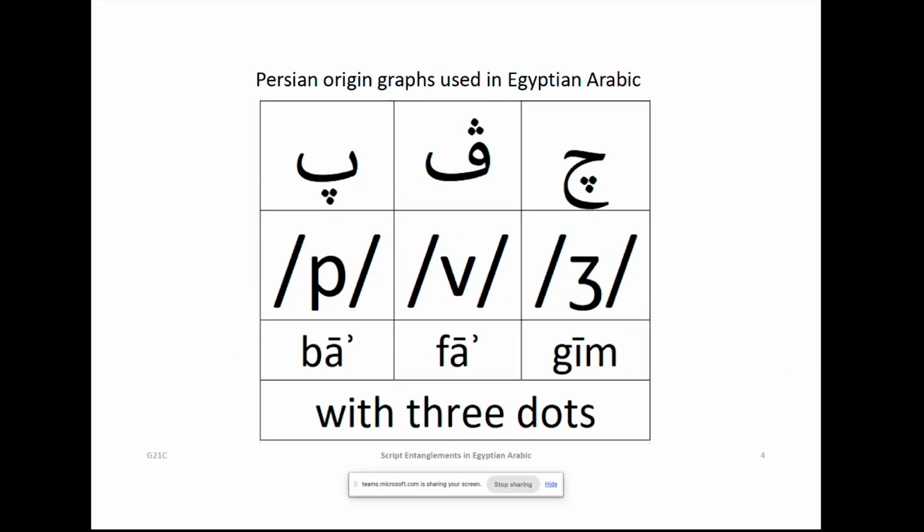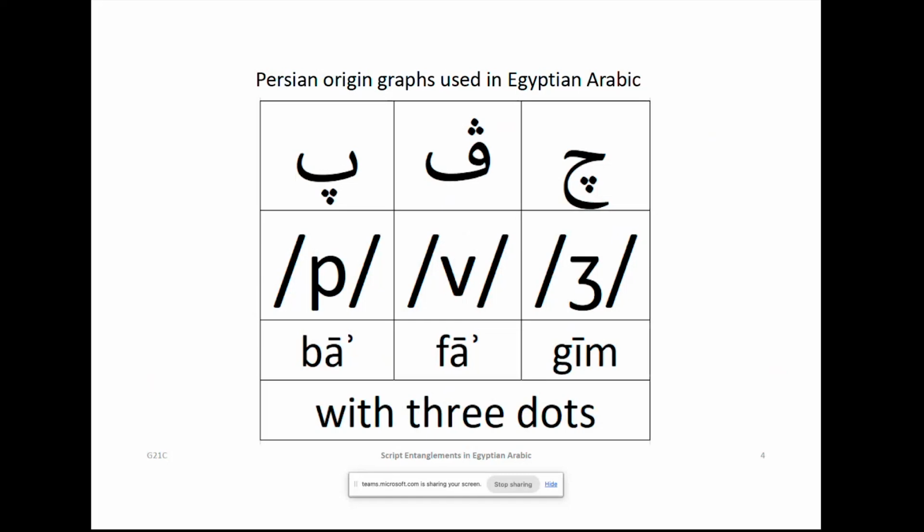In Egypt, 3 letters derived from the Perso-Arabic alphabet are regularly present in the corpora. The Egyptians named them according to their iconic equivalents, Ba, Fa, and Gim, respectively, but with the added description Bitalat Noat, that is to say with 3 dots.